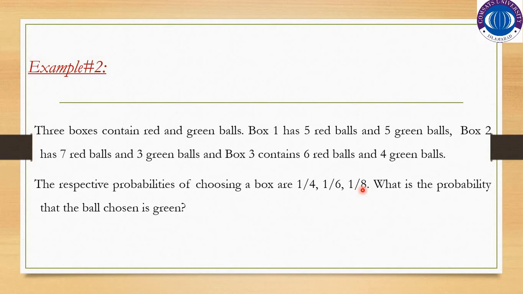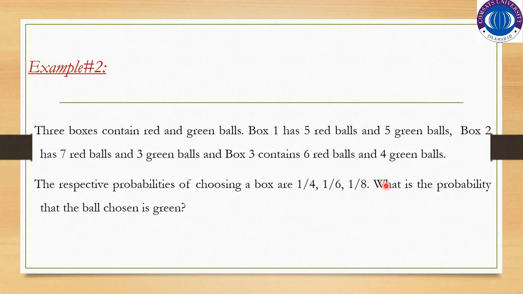So what we did, we found the selection probability by applying the probability of an event definition, number of favorable outcomes divided by total number of outcomes, which is 1 by 3. Now, in this example, we have already been given the selection probability of each box, which is 1 by 4, 1 by 6 and 1 by 8.